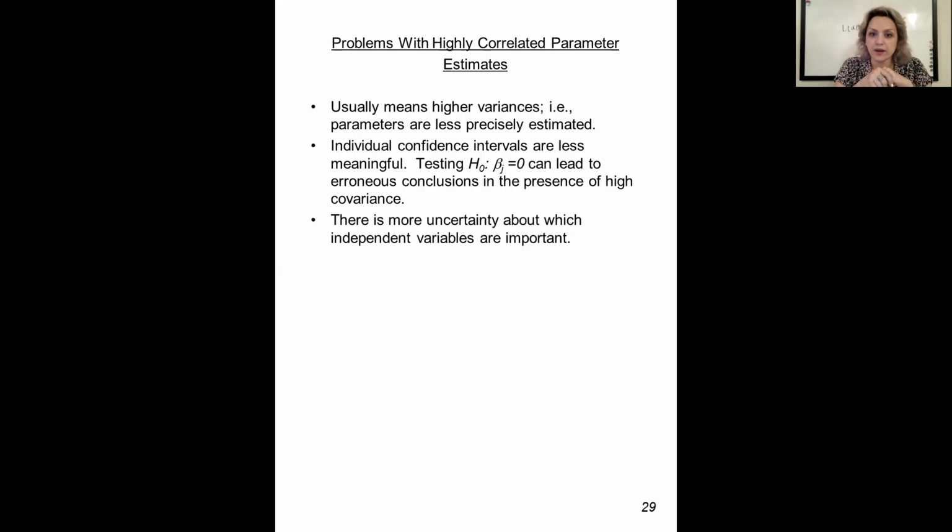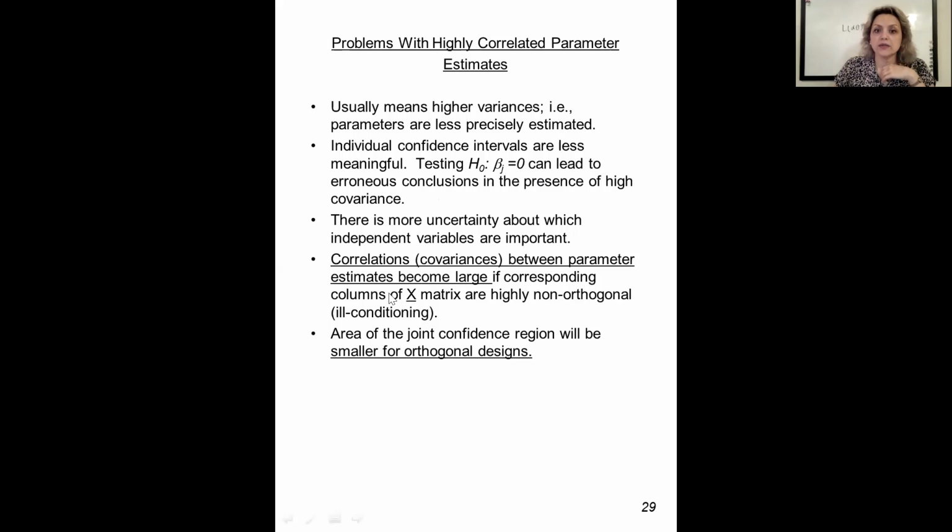It means that parameters are less precisely estimated, and individual confidence intervals are less meaningful. For example, testing H null beta j equals 0 can lead to misleading conclusions in the presence of high covariance. There is more uncertainty about which independent variables are important.